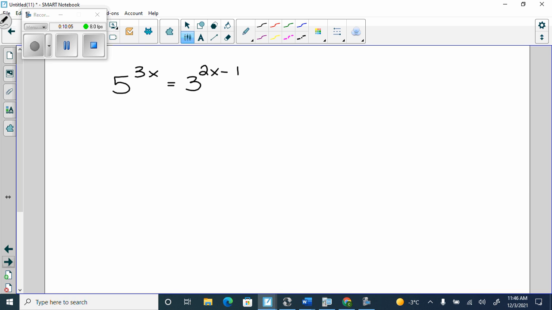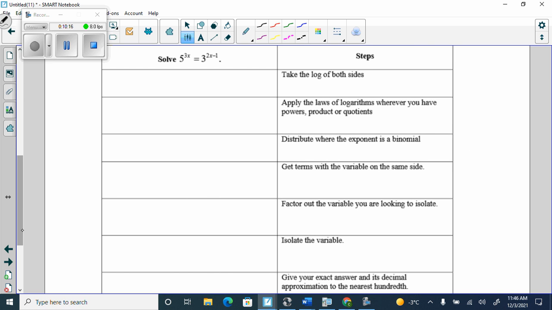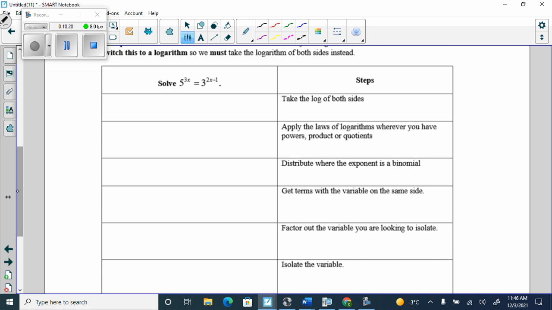If you're wanting to write it on here, you might have to squish a bit. It's up to you, wherever you want to do it.